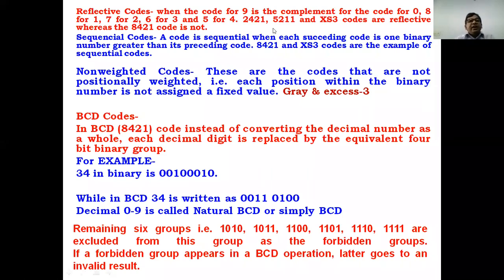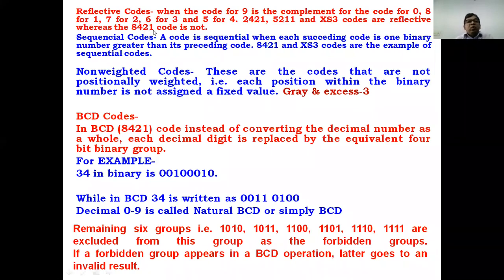So 2421 and 5211 are reflective codes. Another type of binary code is the XS3 code. We will talk about it later. These are examples of reflective codes.